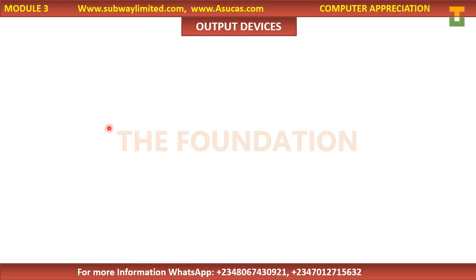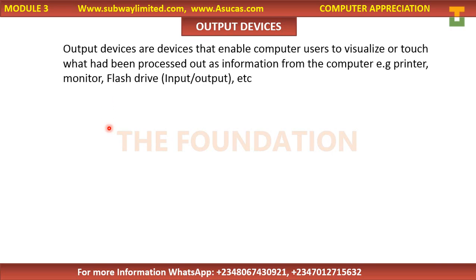The speaker that you are able to hear our voice, or the speaker inside of your laptop, is also an output. So output devices are devices that enable computer users to visualize or touch what had been processed out as information from the computer. A typical example is the printer, the monitor. We all know printer and we have been seeing it.